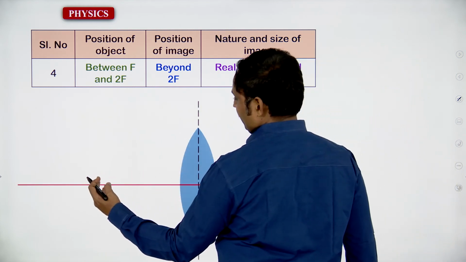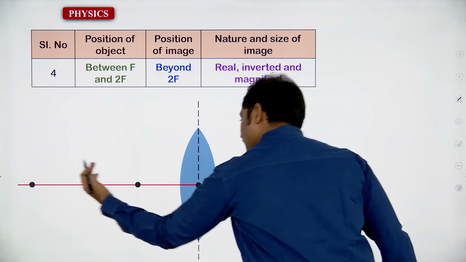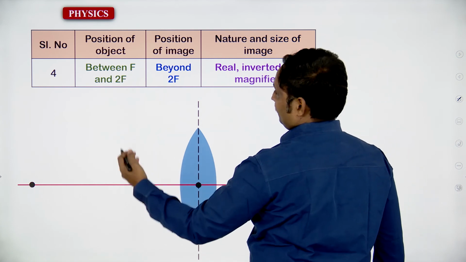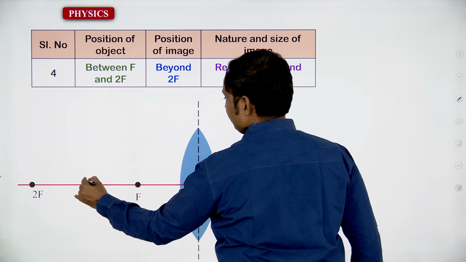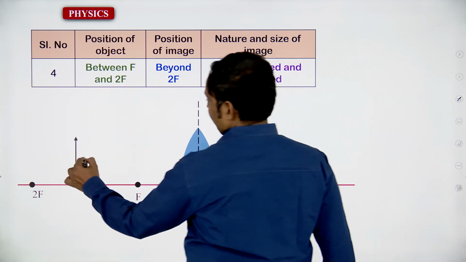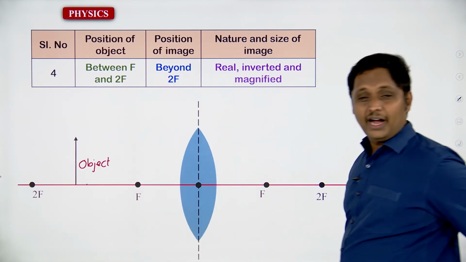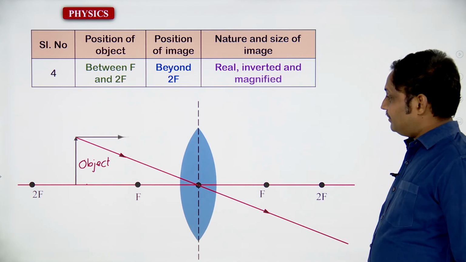Now the position of the object is going to change, approaching towards the lens. Let's assume the object is between F and 2F. We have one undeviated ray to track the image.